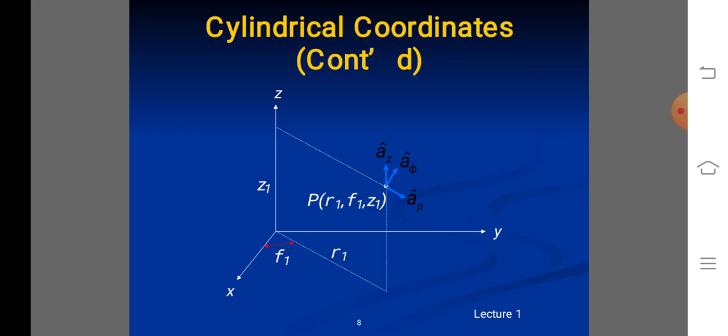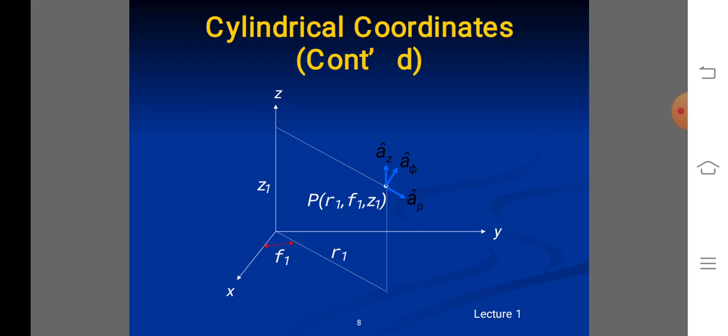The ranges of the variables are: rho from 0 to infinity, phi from 0 to 2 pi, and z from minus infinity to plus infinity.